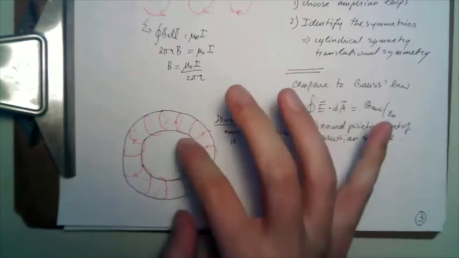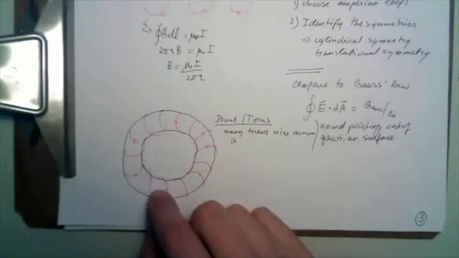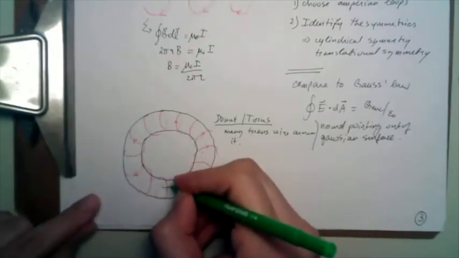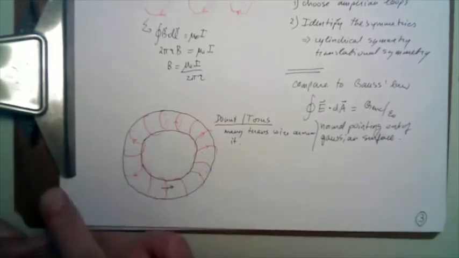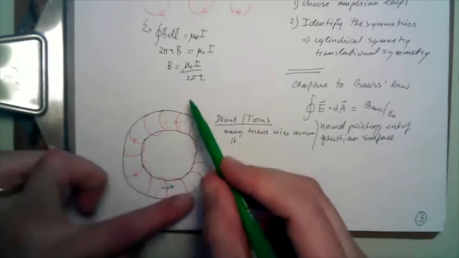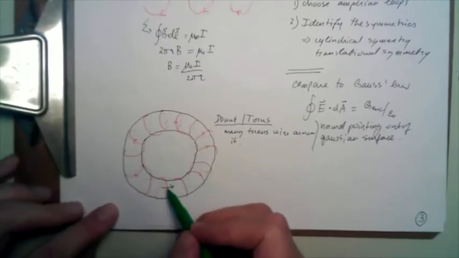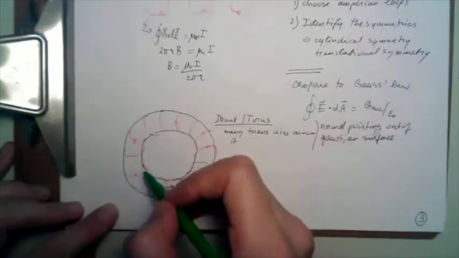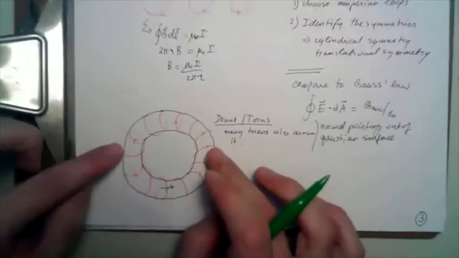You could do this with symmetries, but you can also kind of see what's going to happen. If we have a single one of those loops, there is a field generated in this direction, right? Because one of those loops generates a field like what we were using to calculate. And because we have the rotational symmetry around, any point here could end up over there. So it makes sense to think that the magnetic field is going to go in circles. It cannot go in ellipsoid form because of the rotational symmetry.